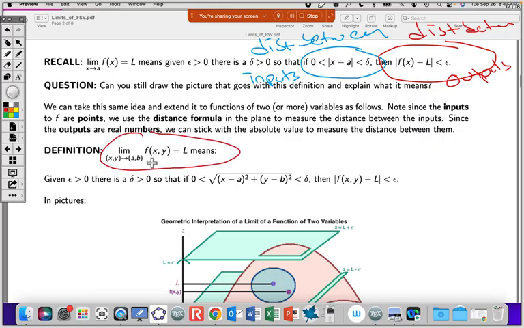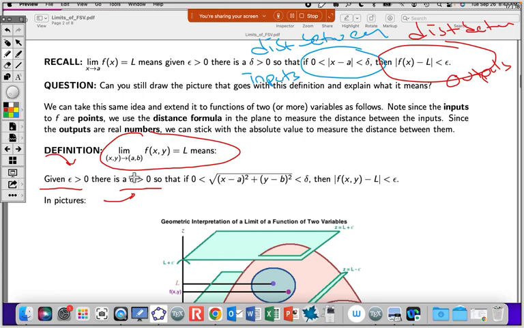Once again, given epsilon greater than 0, there is a delta. Epsilon is serving the same role it did in the last two definitions of limit. Epsilon is your error, your allowable tolerance in the outputs. Delta is your distance between the inputs.